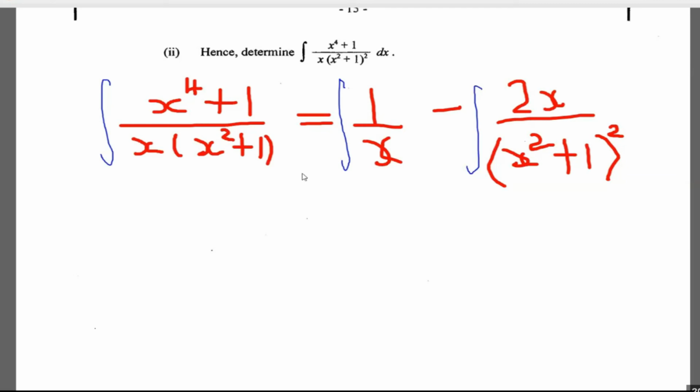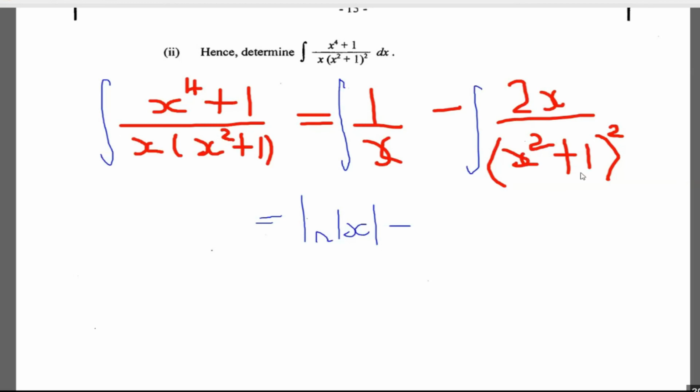And so the integral of 1 over x is ln. I like to put my modulus, so it's ln the modulus of x, just to show respect to ln x, because we cannot take the log of a negative number. Minus, now the differential of the denominator is in the numerator. The differential of x squared plus 1 is 2x.